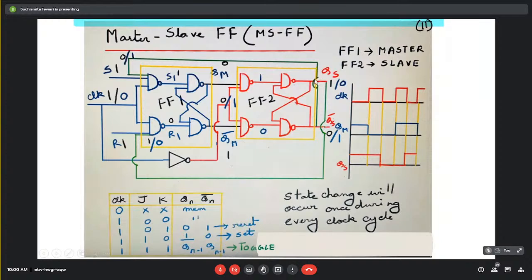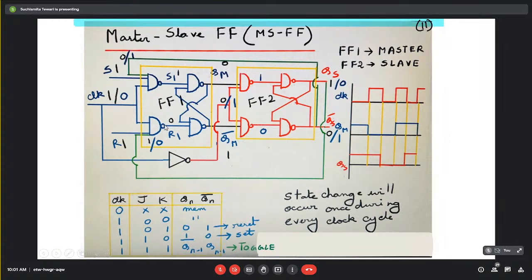Now let us investigate the previous condition. Okay, the same slide, I think we can use this. So here S and R are maintained at 1. At first the clock is given 1 over here, and initially we have assumed the value at the final output, here it is 1, here it is 0. So now the 1 is coming over here and 0 is coming over here. So the input of this NAND gate is 0 1 1, and this is 1 1 1.